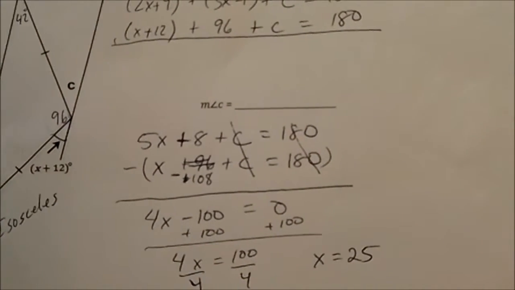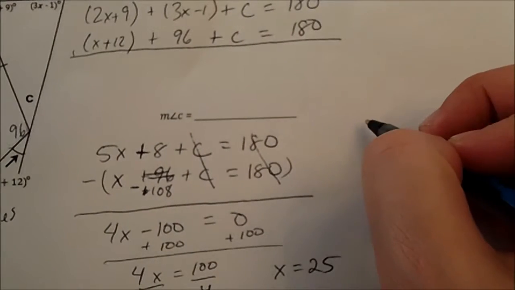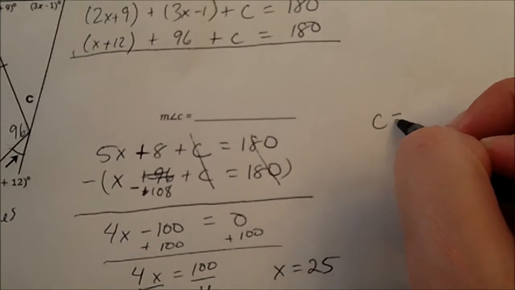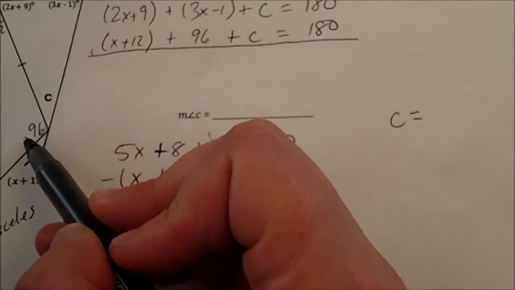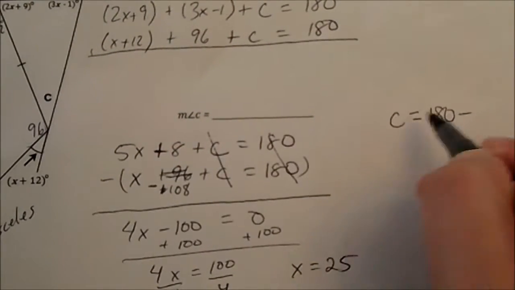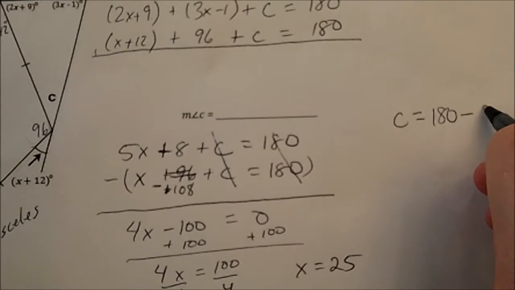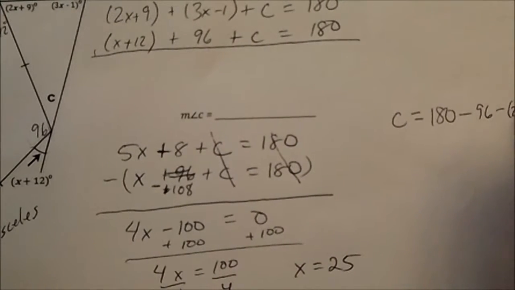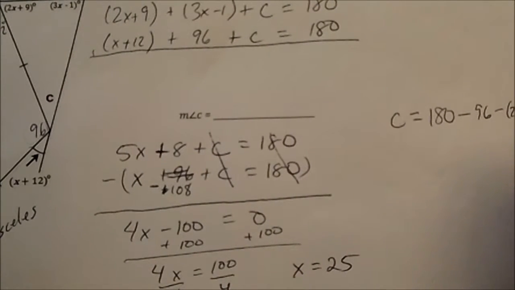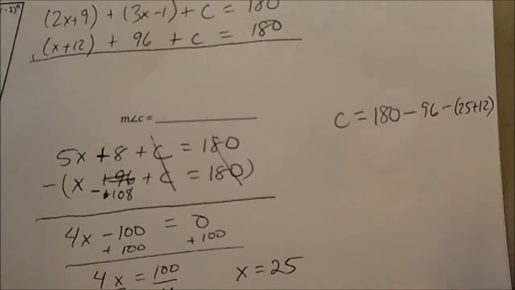So let's actually get some room over here. We can say that c is equal to, let's just look at this corner right here, 180 minus 96 minus 25 plus 12.